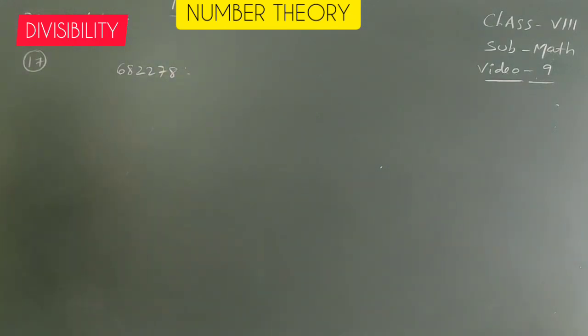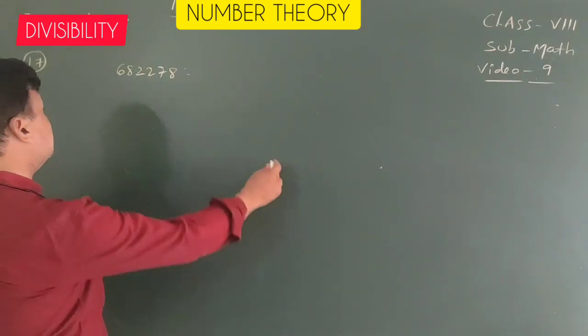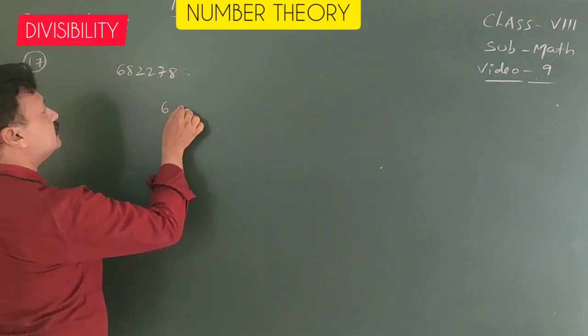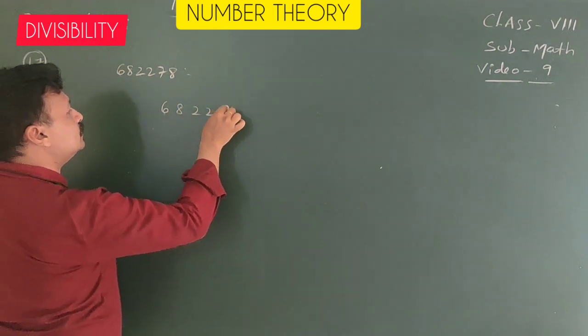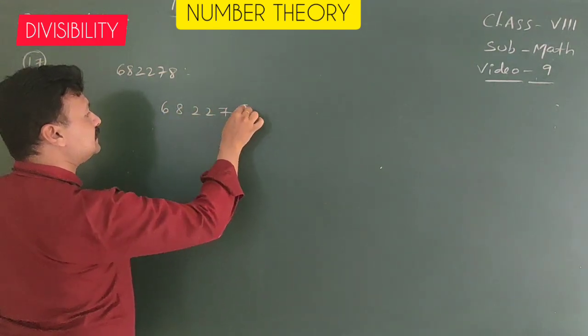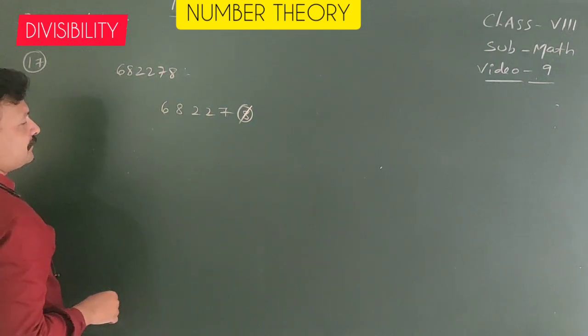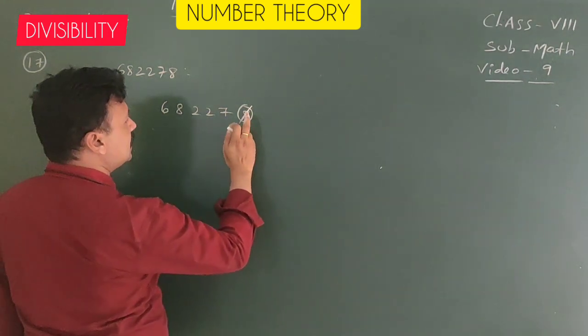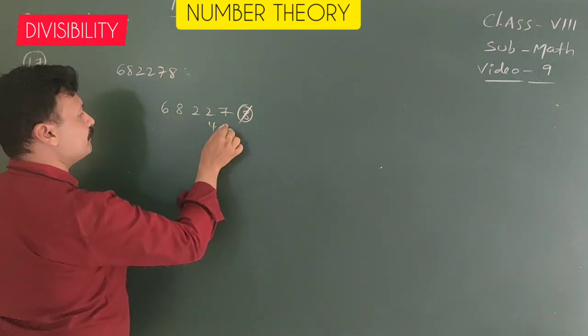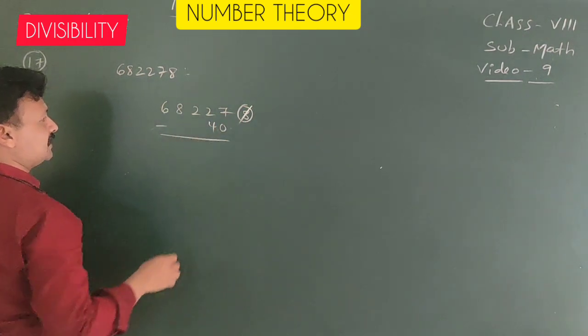Okay, 682278. Subtract 5 times the last digit. Here 8 fives are 40. I need to subtract.